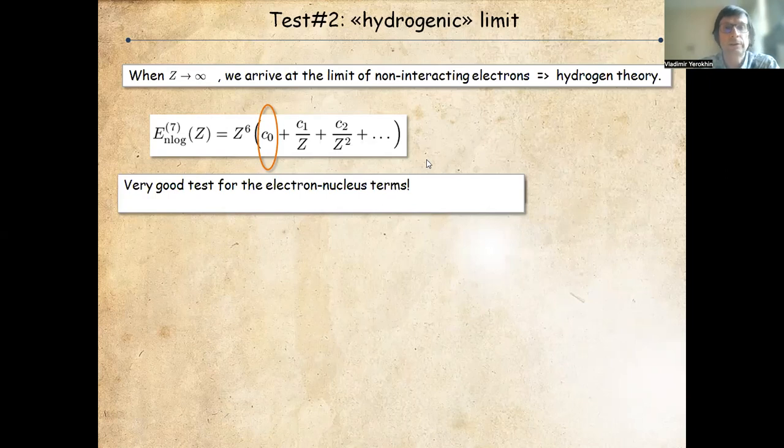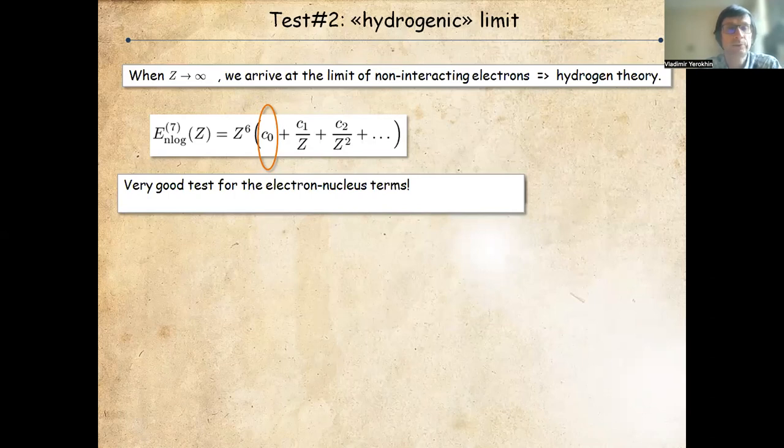Technically, to get this limit, we need to perform our calculations for different Z, which we did, and then fit our results to the form of 1 over Z expansion, and these coefficients C0 will be known from the hydrogenic limit.